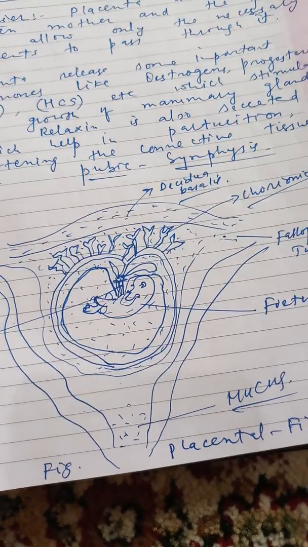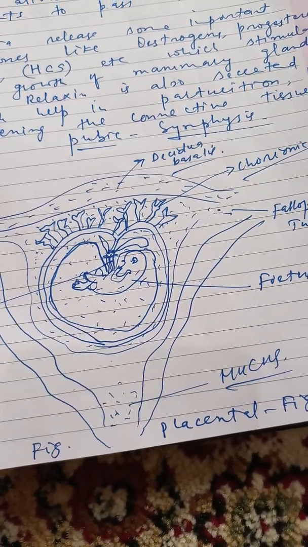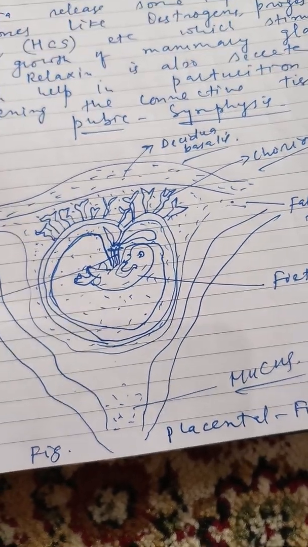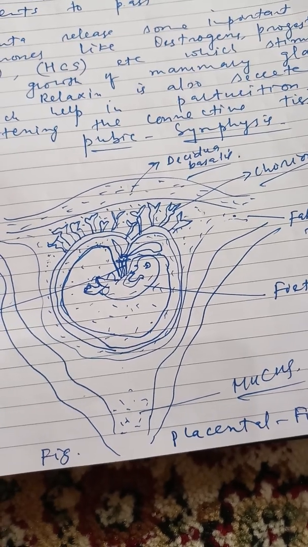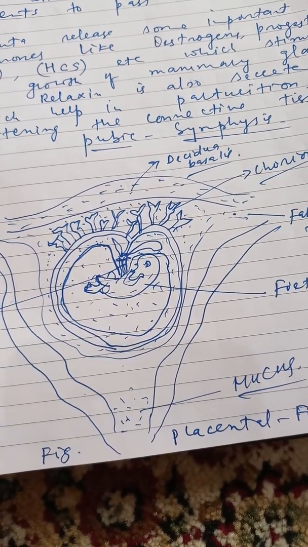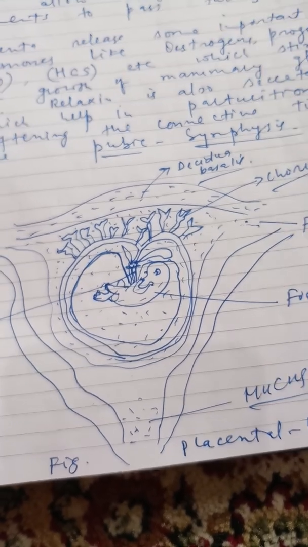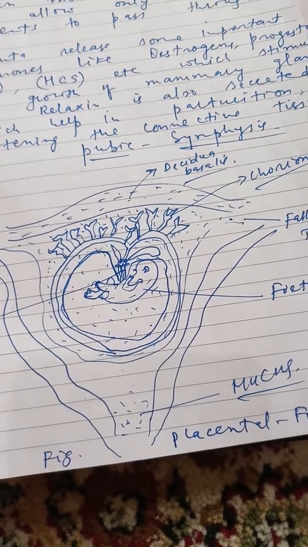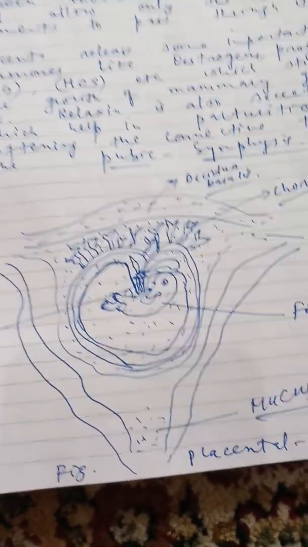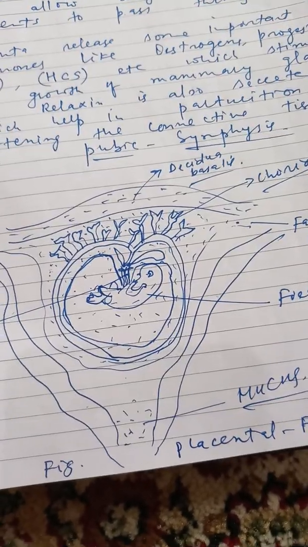So when the mammary glands are activated inside the mother in order to produce milk, because the foetus after its parturition, after its delivery, needs milk for its further development. So HCS, the human chorionic somatomammotropin hormone, is released by this placenta and stimulates the growth of the mammary glands of the mother.